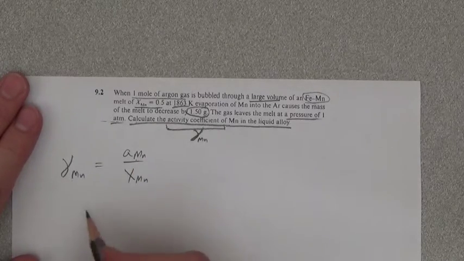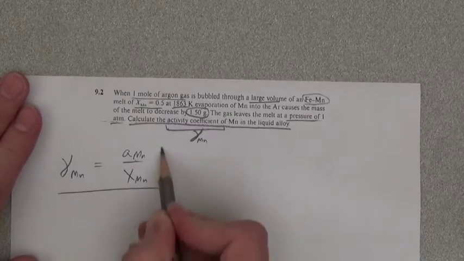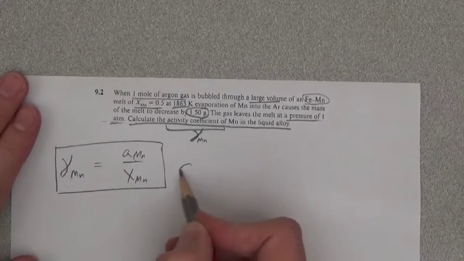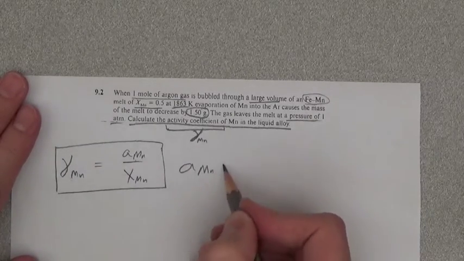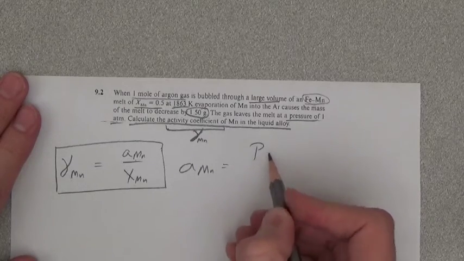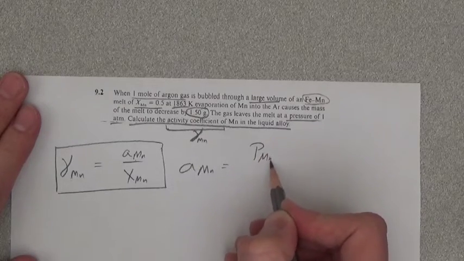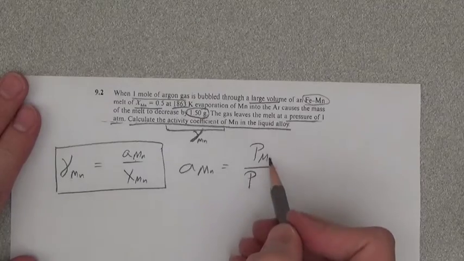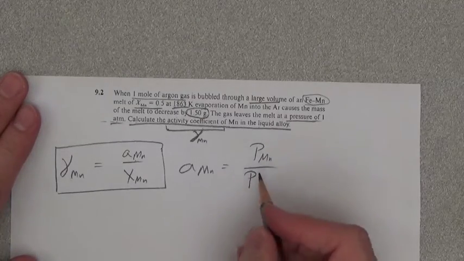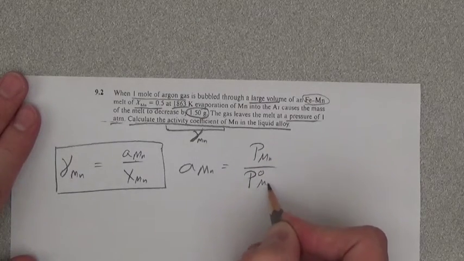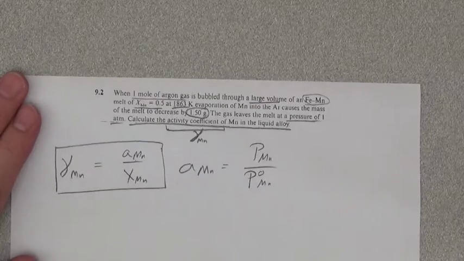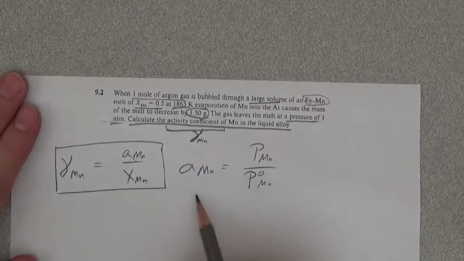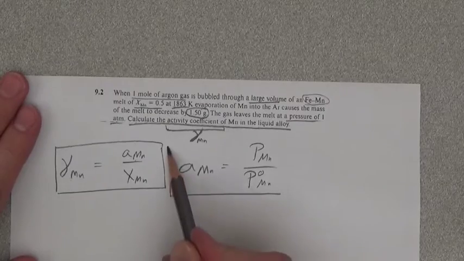The activity is the partial pressure of manganese in the mixture divided by the partial pressure of manganese if it were pure manganese liquid.